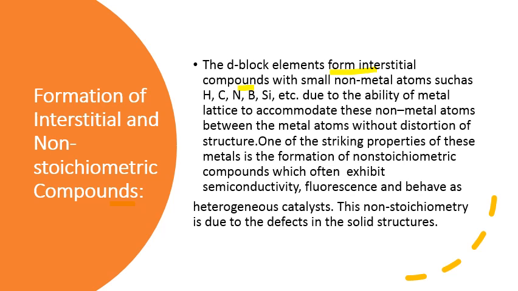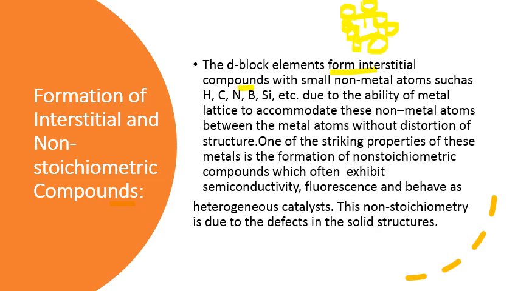If we talk about a solid lattice, the interstitial site in the lattice is between the atoms. The space is there, the gap is there between the atoms. We have the gap or the space between these atoms, which is called the interstitial site.